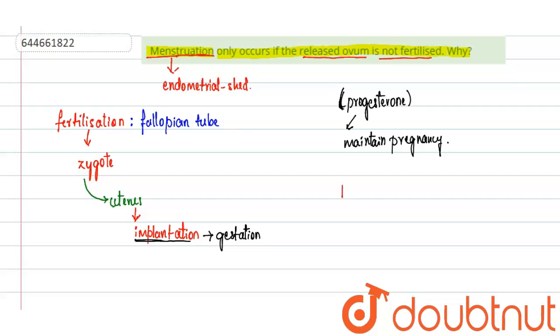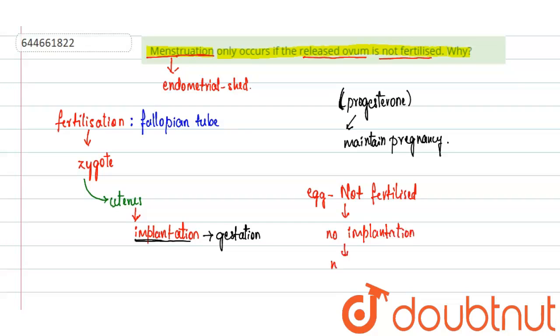Now let us take the case that the egg is not fertilized. What will happen if the egg is not fertilized? There would be no implantation. If there is no implantation, then there will be no pregnancy.